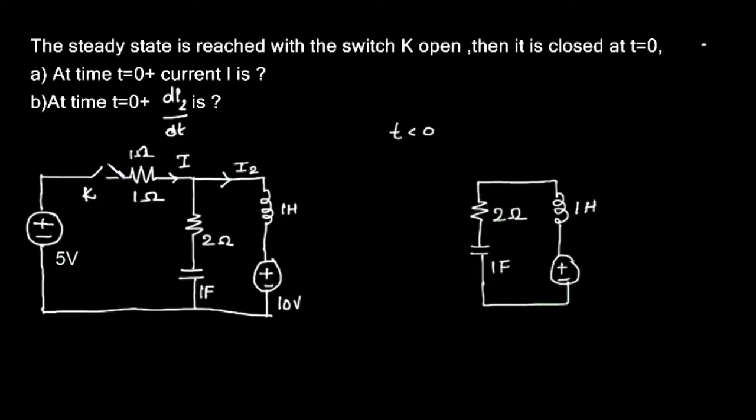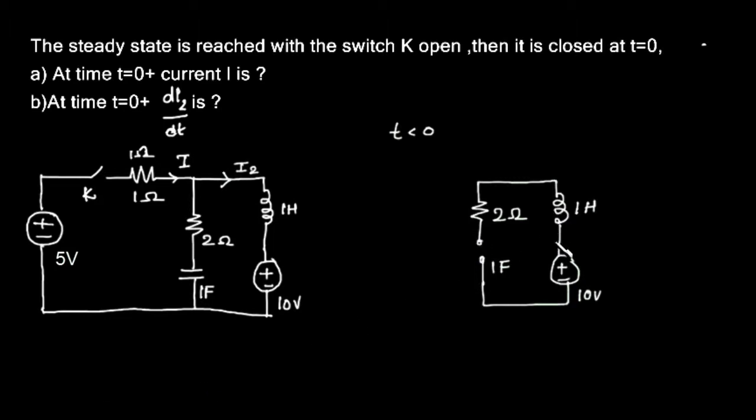We will draw the equivalent circuit and then see how we can solve this. At t equal to 0 minus, or t less than 0, the switch was open and steady state is attained. Since the switch is open, we can remove this resistance from the equivalent circuit. We have the 2 ohm resistance, the 1 farad and the 1 Henry connected across 10 volts. We know that once the steady state is attained, this capacitor will act as an open circuit.